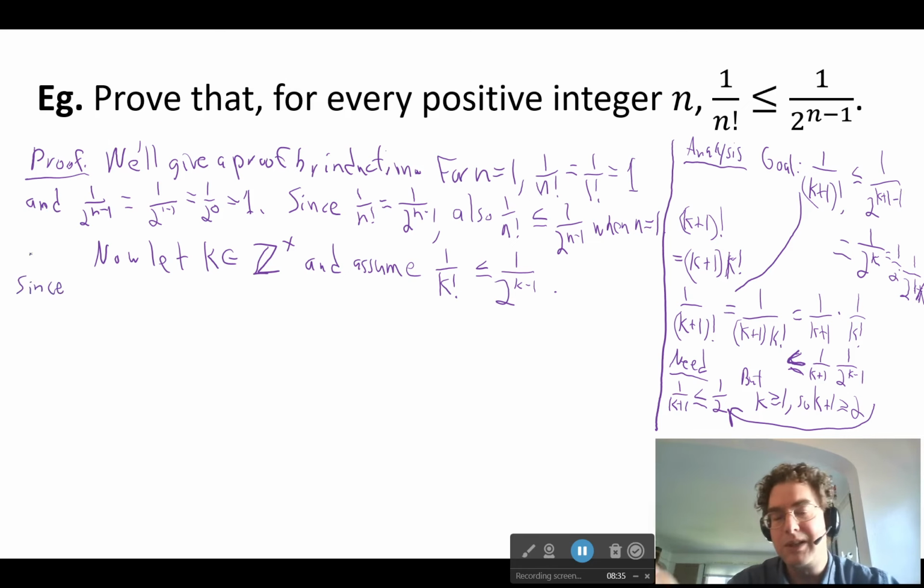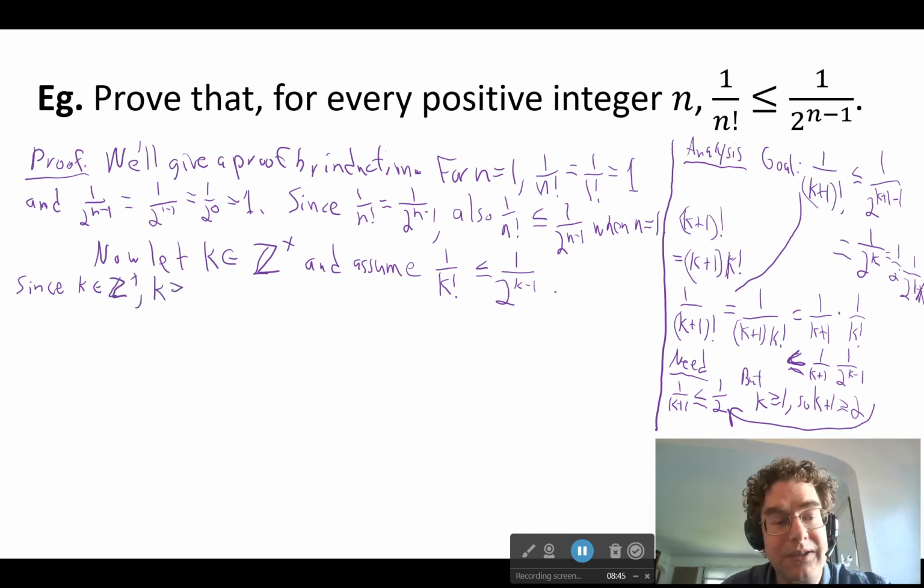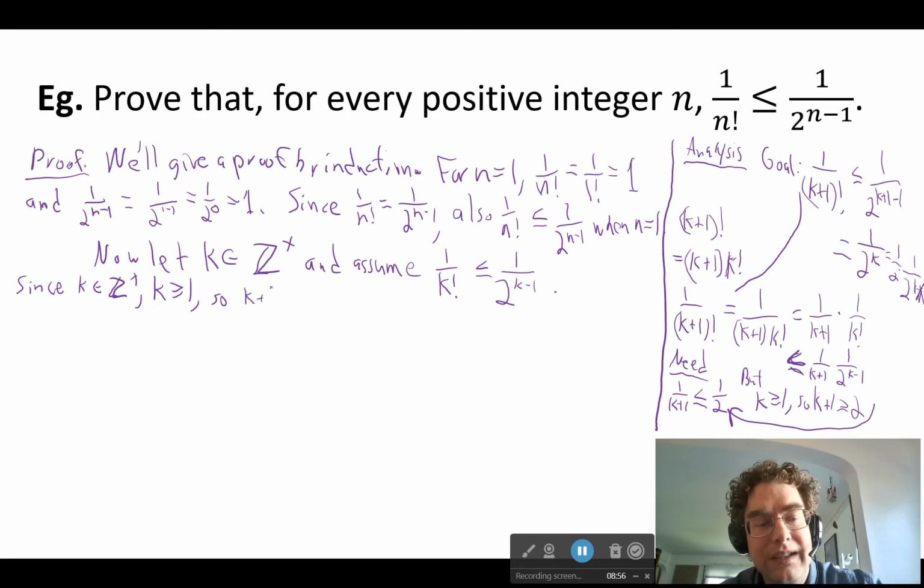It often happens when we go from analysis to the proof, we're kind of reversing the order of things. So I'm going to say since k is in Z plus, k is greater than or equal to 1. We know that 1 is the smallest positive integer. And so k plus 1 is greater than or equal to 2.